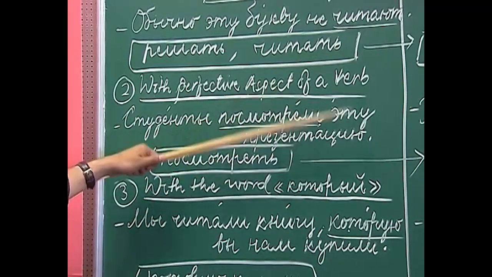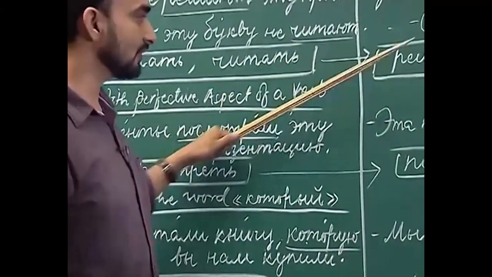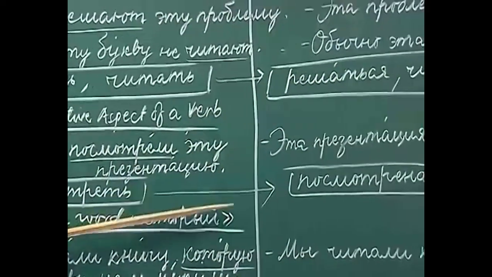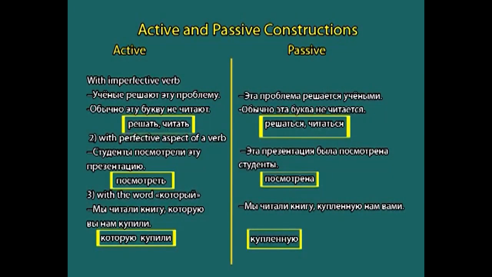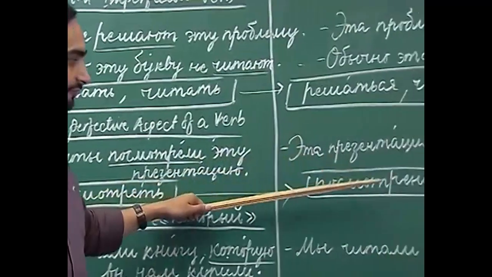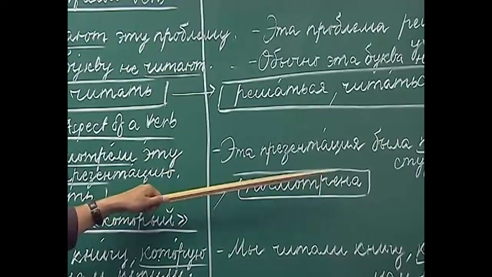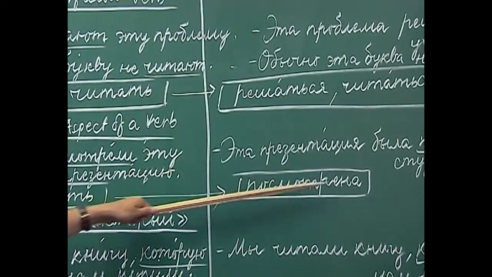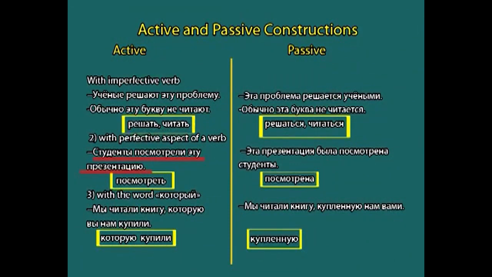So, how do we convert or change this active construction into passive? By using the short form of the participle. So, from pasmatrech, what short form of passive participle do we derive? Pasmotrana. So, eta presentatsia bila pasmatrena studyantami.